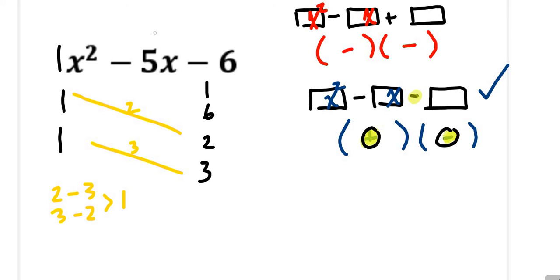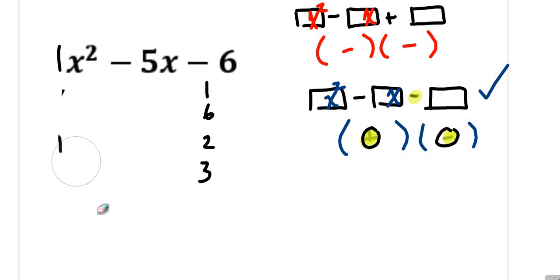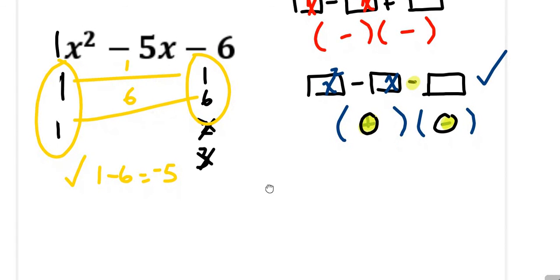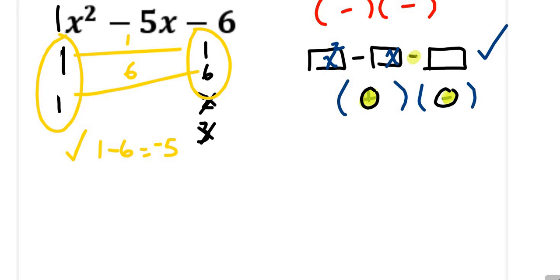So I know that doesn't fit my middle term here. So that eliminates these two. So I know that I have to go this way. 1 and 1 is 1. 1 and 6 is 6. And 1 minus 6 gets me the negative 5. Ding, ding. So that's the combo we know works. Now you just have to play with it a little bit logically to get negative 5.